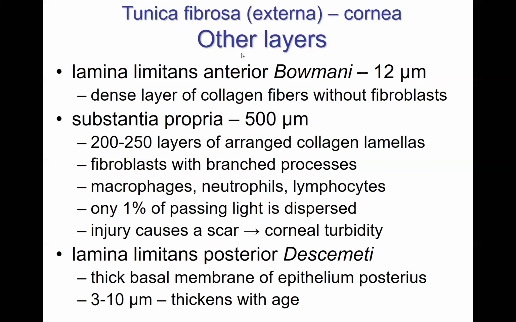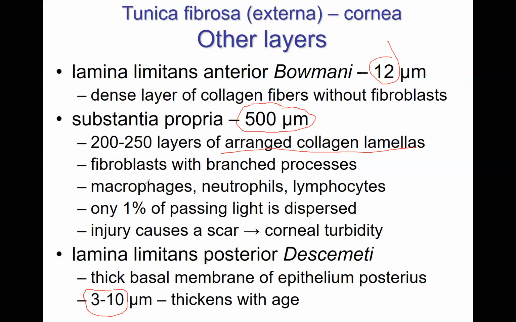Well, you should have an idea how thick are the limiting laminae, and as you can see, they are around 10 micrometers. Yeah? They get larger during aging. And in between is the proper substance, which is at least 500 micrometers thick. Yeah, and it's composed of collagen fibers.